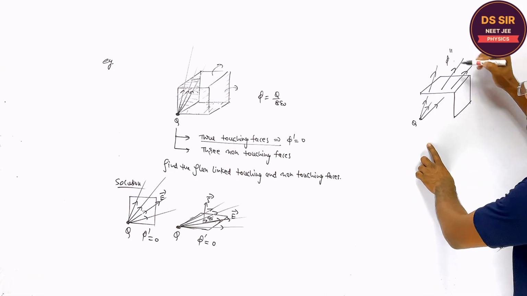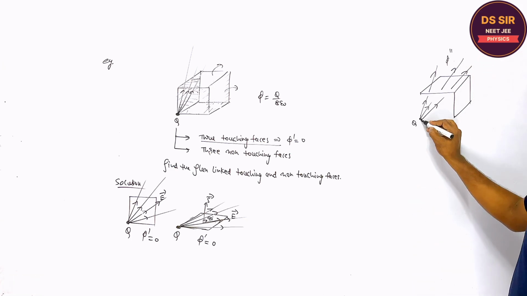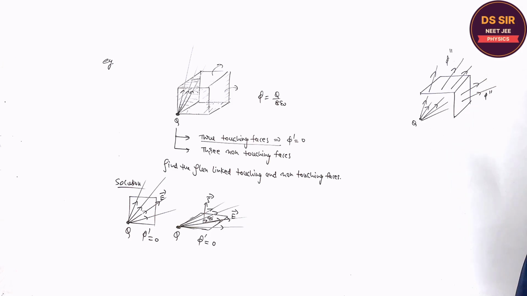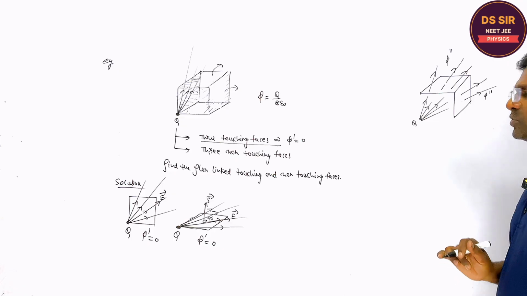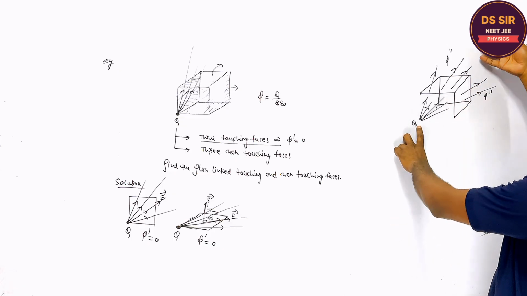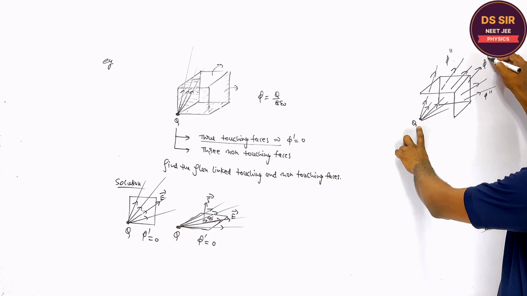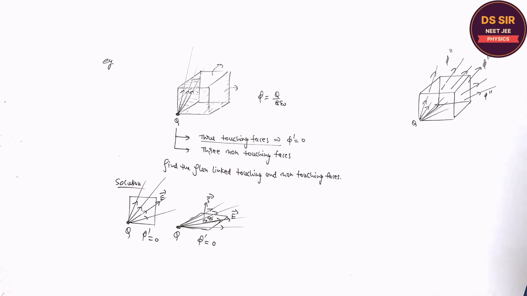So if phi double dash is the flux linked with this surface, the flux linked with this face will also be phi double dash. Is it clear or not? Not only these two faces are symmetric with respect to q, rather the backward face, the flux linked with that also will be equal to phi double dash. Is it clear or not now?